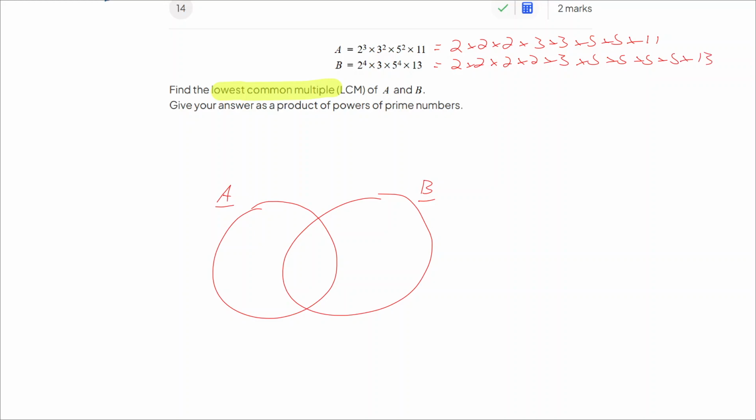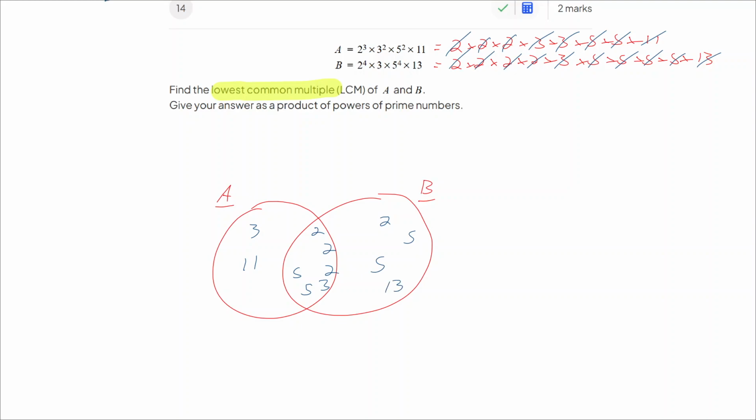Then putting your numbers into the diagram: you've got a 2 and a 2, which goes here, another 2 and 2 in here, a 3 and a 3, which goes in here, a 5 and a 5, which goes in here, another 5 which goes down here, and I believe that is it. Now you've got a 3 and 11 that just belong to A, and you've got a 2, a 5, and a 13 that just belong to the number B.